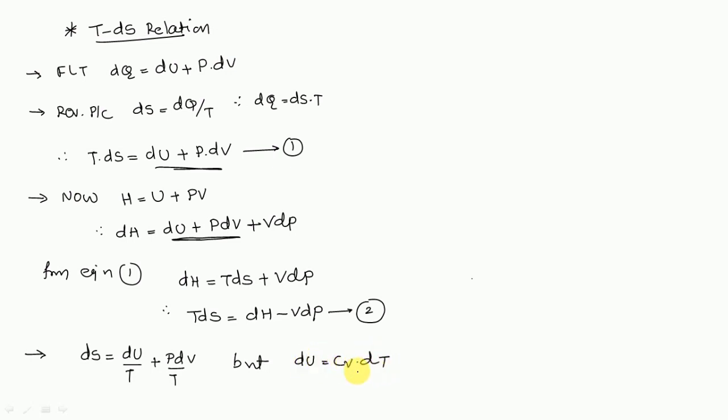In the relation of Cv and Cp, Cv is dU/dT, and the relation of Cp is dH/dT. So I write dH = Cp dT. This was already discussed in the previous slide. If I put the value of dU in this equation, and also we know PV = RT, so P/T, with T put on the denominator, gives R/V.